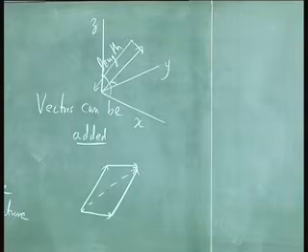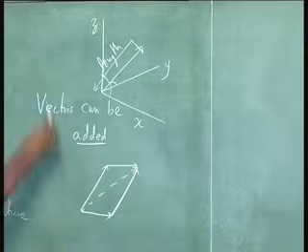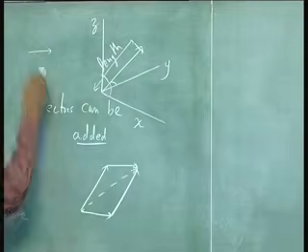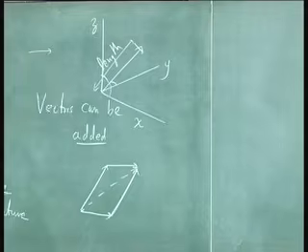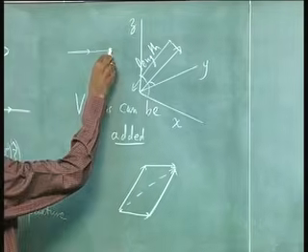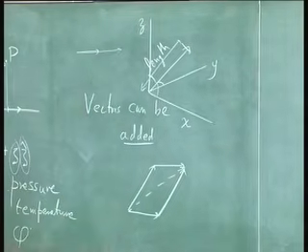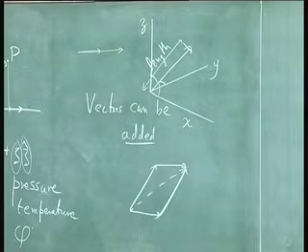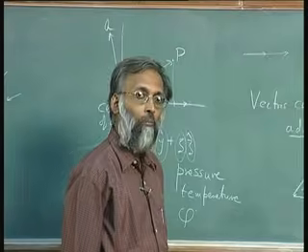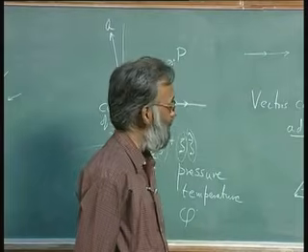Vectors have another property, which is they can be scaled. So, if I have a vector, I can also define twice the vector, which is a line that is twice as long. It is a line that is twice as long pointing in the same direction.